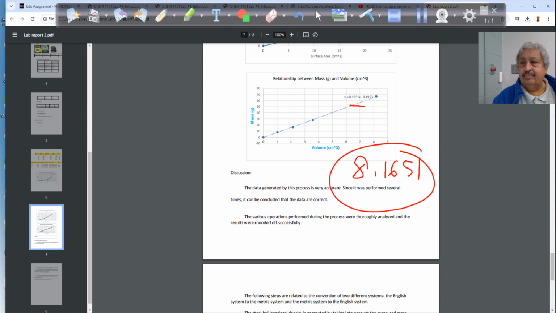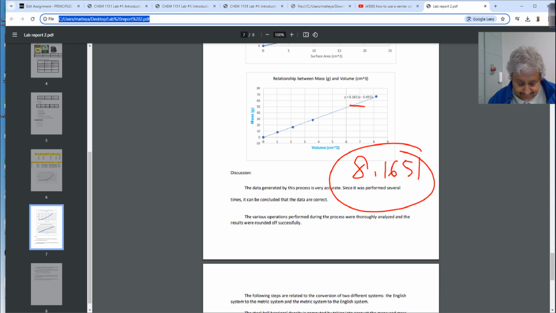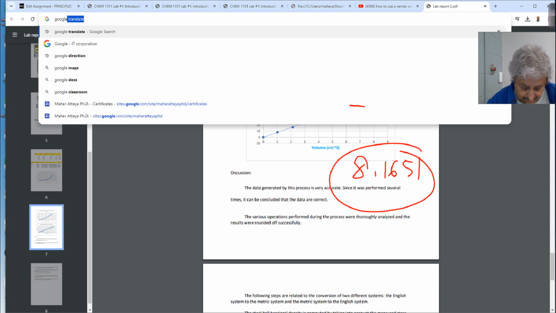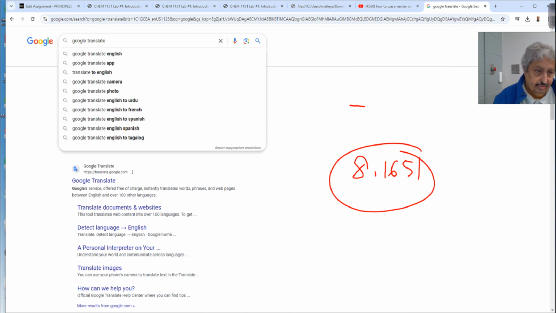Approximately 7.8 grams per cubic centimeter. 7.8. We can Google this together here, and I'll say Google, not Google Translate.